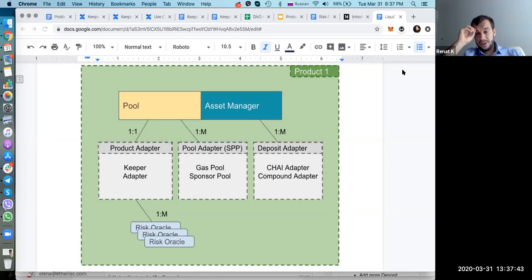So we should probably consider that while we do this design and architecture, so that we don't hard code a lot of logic that is specific to how auctions are designed, so that if there is an upgrade of MCD collateral auction systems, the keeper pool will keep functioning with little to no modifications to the main contracts. Does it make sense?